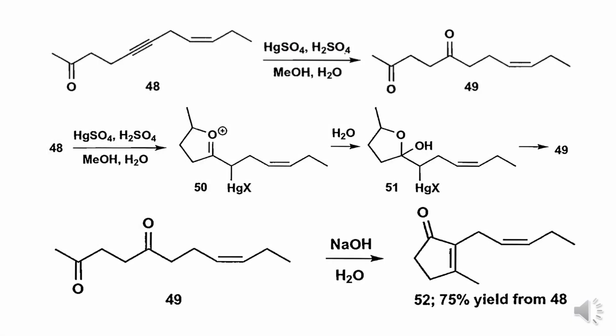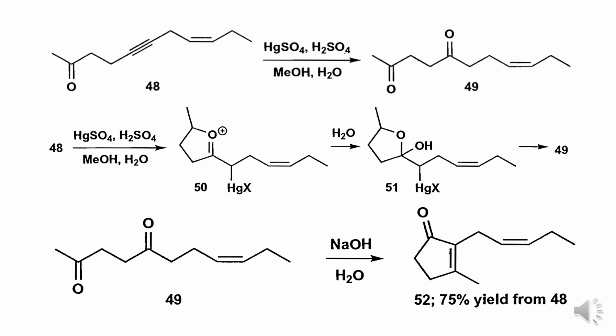In this connection, the very unsymmetrical acetylene, structure 48, with a ketone on one side of the alkyne or triply bonded system and a cis alkene on the other, hydrates completely regioselectively to the diketone and gives structure 49.